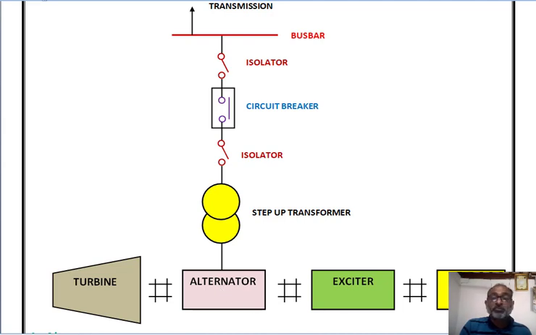Now next, the pilot exciter. It is also a permanent magnet type small DC generator, and this pilot exciter generates DC power which is required for the field winding of this exciter.